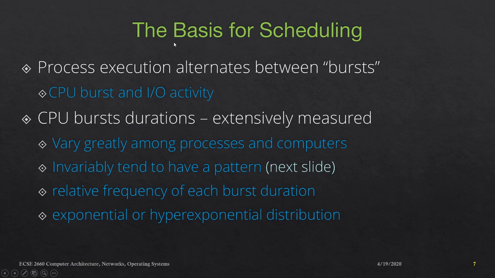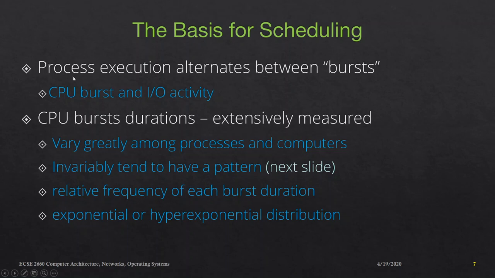What should I use as my basis? A process execution alternates between bursts, and those bursts can be classified as CPU bursts and IO bursts, input output activity. CPU burst is the time that the CPU is running on a particular process, and IO burst or IO activity is the time that the process spends for an input output operation to complete.